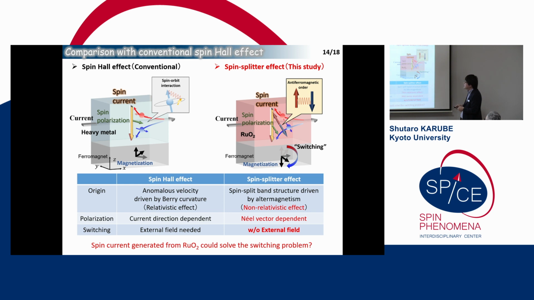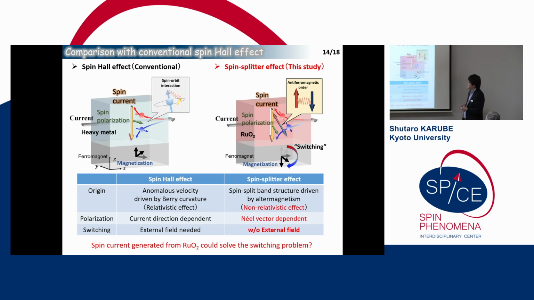As for the origin, the spin Hall effect is from the anomalous velocity driven by the Berry curvature. So this is a relativistic effect. On the other hand, the spin splitter effect originates from the spin-split band structure driven by altermagnetism. Many presenters emphasize that this is a non-relativistic effect. So this is very important.